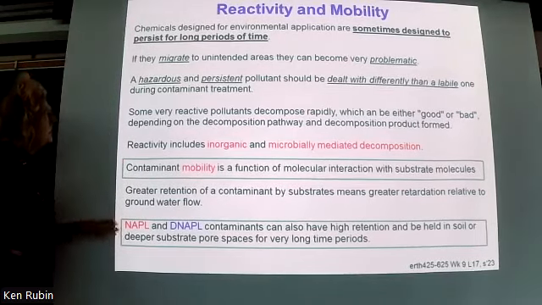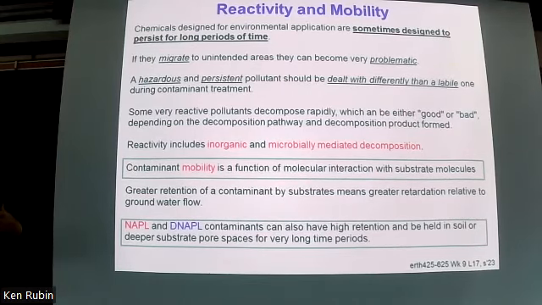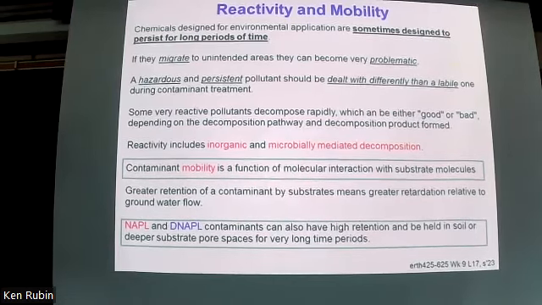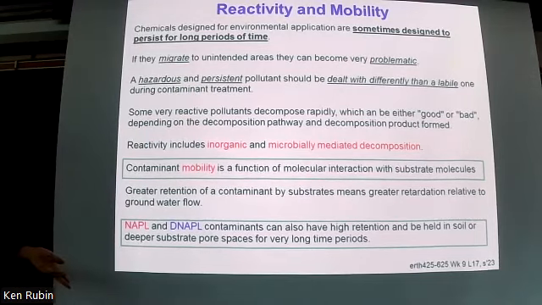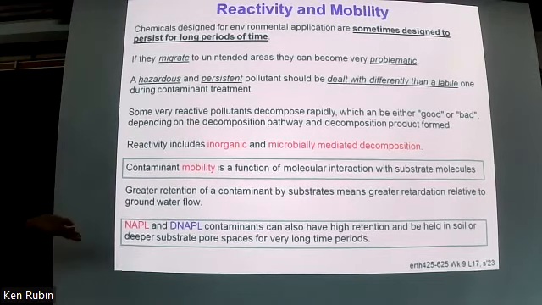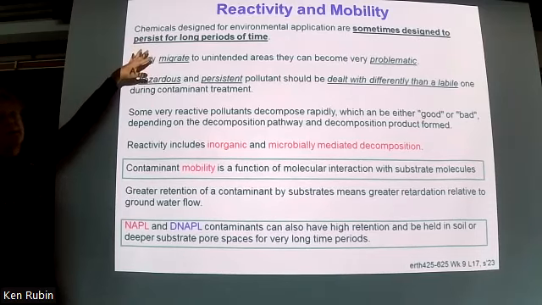Now I want to go more broadly, and talk about something that we talked about earlier in the semester. We talked about organic chemicals, which is to think about what makes a chemical migrate in the subsurface or change into something else or not. And so this is the topic of reactivity and mobility. And I think, as you can imagine, chemicals that are mobile, that dissolve in water and or float on the water table or sink to the base of the water table and move around a lot are going to be distributed into the environment.